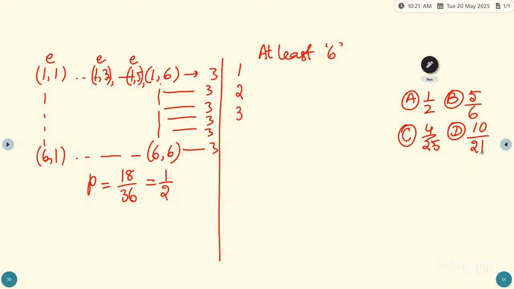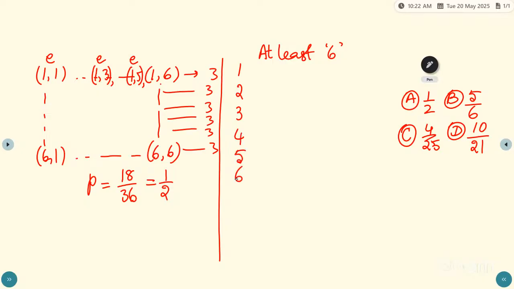It is rolled once. You tell me, what are the numbers? 1, 2, 3, 4, 5, 6. I have written only 3. Again, I am going to write. You may get 1, 2, 3, 4, 5, 6.